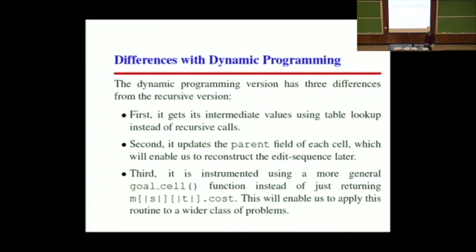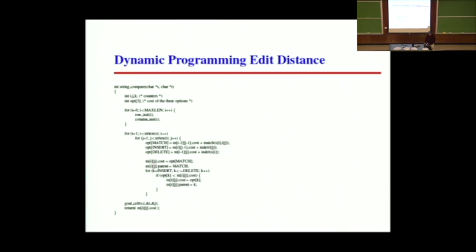Here is the dynamic programming code for it. I don't think that's necessarily readable for you, and it's not necessarily the most readable thing, but what did I do? For every i going from 1 to the length of S, j going from 1 to the length of T, I am going to figure out the cost of the optimal way of ending up at ij, where I end on a match or a substitute.